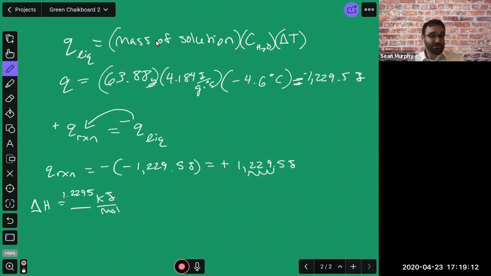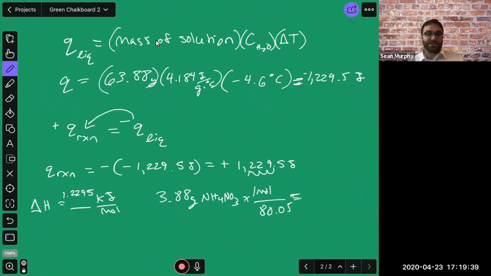How much starting chemicals do we have? Well, we had 3.88 grams of NH4NO3, a little bit of stoich. For every 1 mole, it's 80.05 on the periodic table.